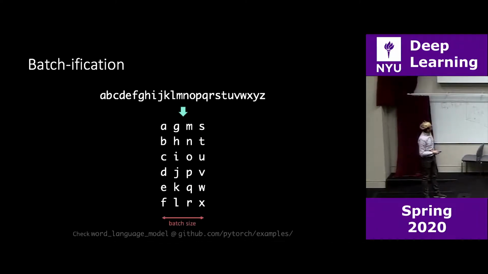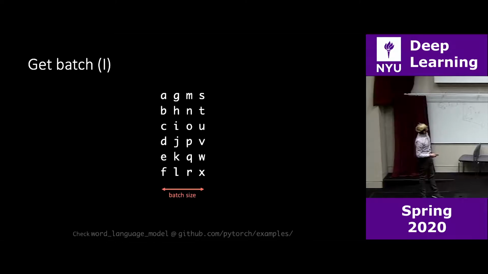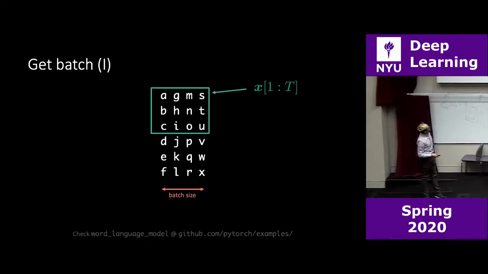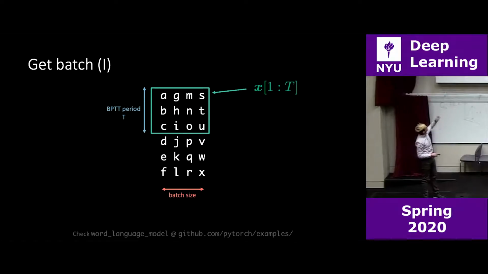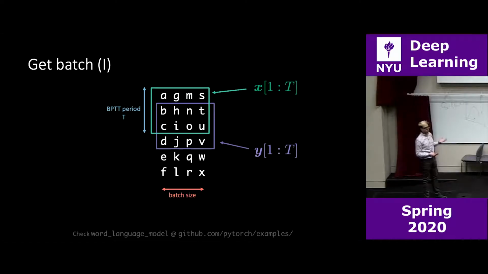computation. So the first thing, the batch size is going to be 4 in this case. And then I'm going to be getting my first batch. And then I will force the network to, so this is going to be my backpropagation through time period. And I will force the network to output the next sequence of characters, okay?